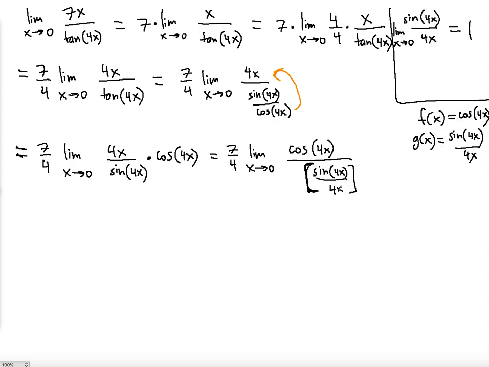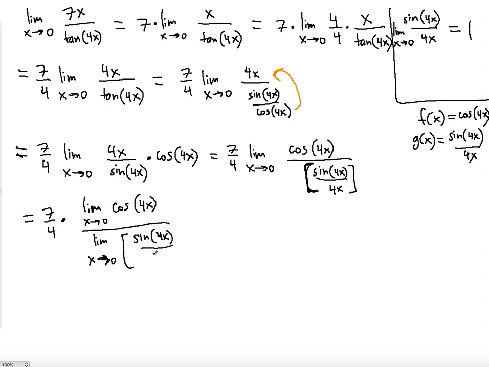Since they exist, we can think of a quotient, and the limit is not equal to 0 for the denominator, so we can proceed by splitting them up. We can say 7/4 times the limit as x approaches 0 of the top function divided by the limit as x approaches 0 of sine of 4x over 4x.